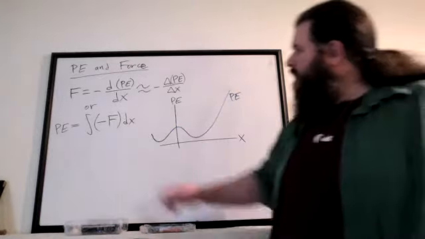What do you notice about the slope of that tangent line? At this location, how would you describe the slope? It's close to 0. It's pretty close to 0.